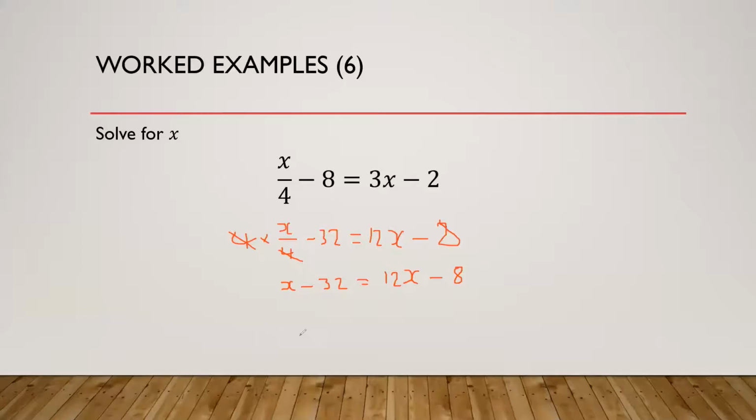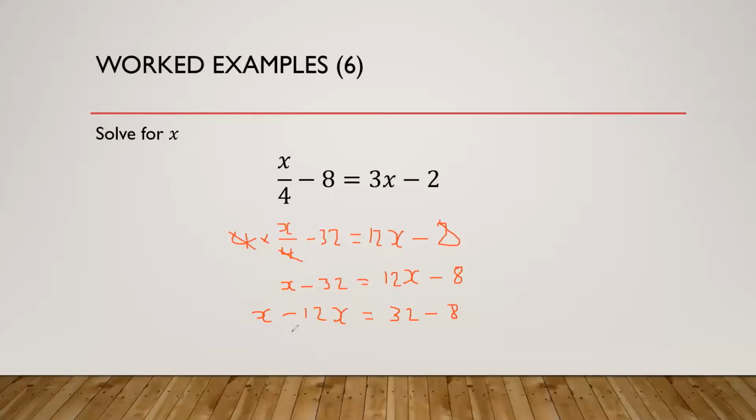Okay, so x stays here. 12x moves to the left-hand side and becomes minus 12x. Minus 32 moves to the right-hand side and becomes 32. And minus 8 is still there.